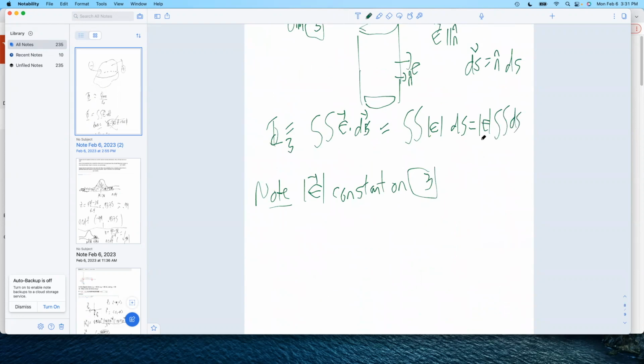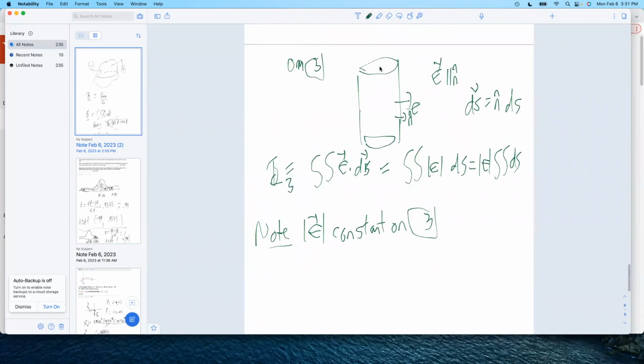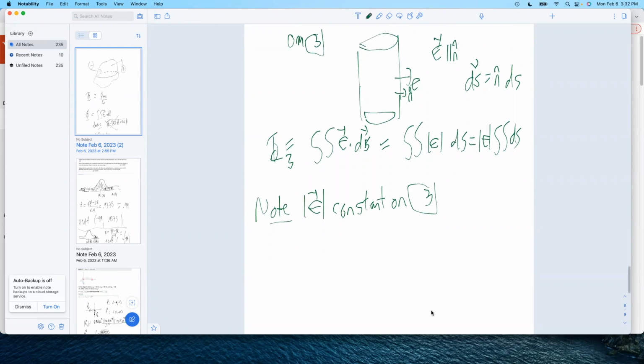So that magnitude of E times the integral of ds, that's just surface area. Surface area of the label, not the entire cylinder. Remember, we're not counting the top or bottom, just the label. Well, we could imagine unrolling that label. This was R here.